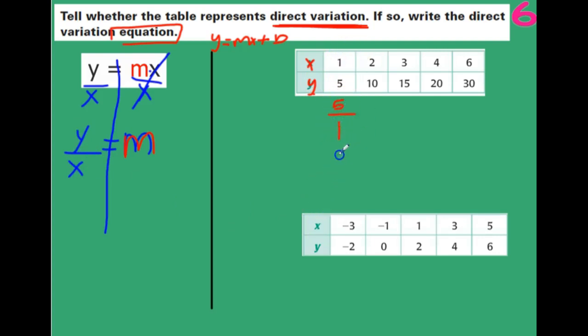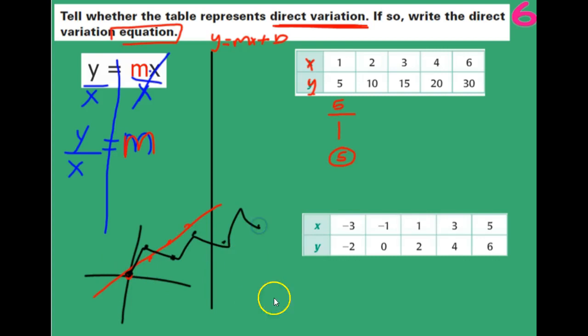Well, 5 divided by 1 is 5. Now, if that pattern continues all the way across, this is going to be a direct variation equation, because our slope should be the same over and over again to make a nice straight line. But if it goes up and then over and then up and then who knows, like some weird funky line, that's not going to be a direct variation equation.